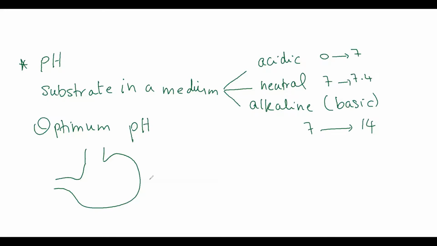In the stomach there is a gastric juice or the digestive juice. It is highly acidic because it produces HCl, hydrochloric acid, with a pH from 1.2 to 2. That means it is highly acidic, approaching zero. So here we have an enzyme that works on protein.